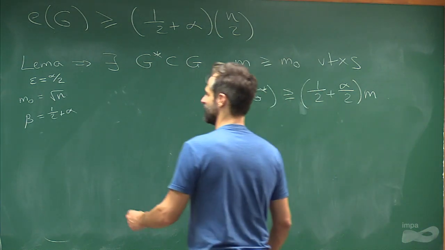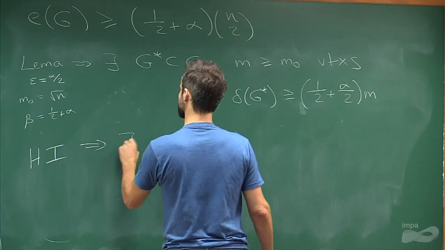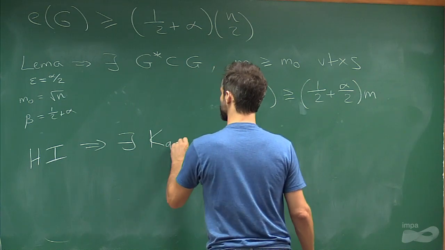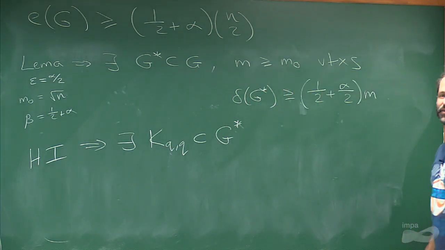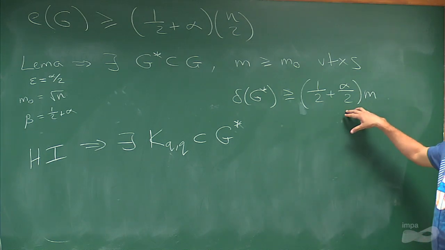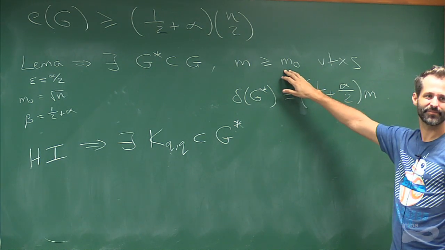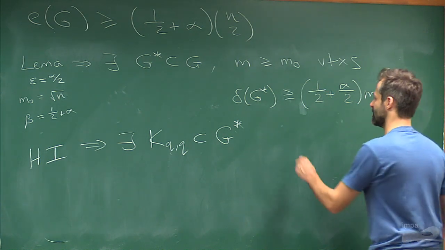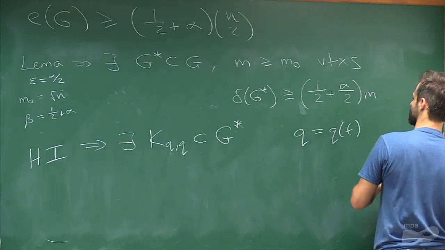Now, the induction hypothesis implies there exists a copy of KQQ in G star, because G star has density at least a half, and it has lots of vertices, where Q is chosen to be some function of t, large.